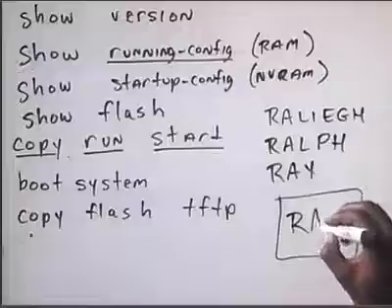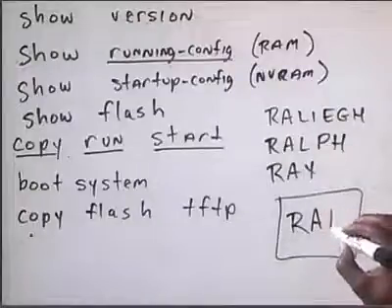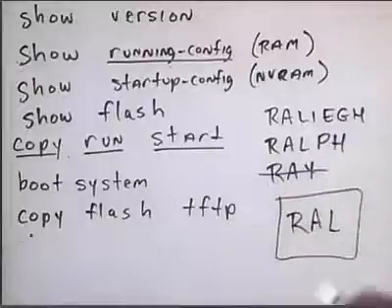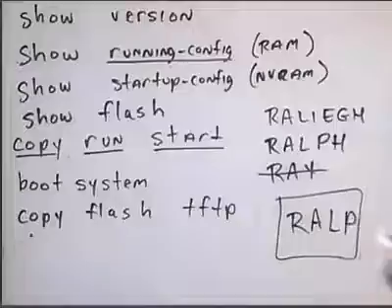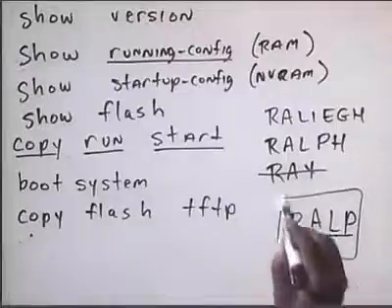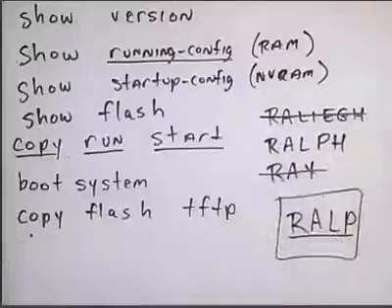So how about RA? Well, we still have confusion there. RAL, now we've narrowed it down and we can eliminate Ray. RALP. With just this much information, this indicates to us that it's not Ray and it's not Raleigh, but it's Ralph that this package is destined to go to.